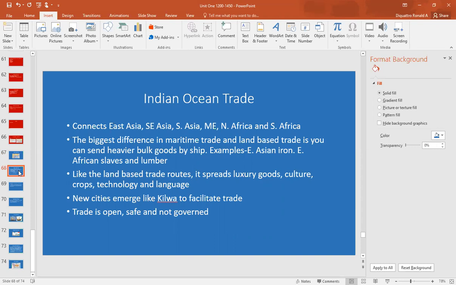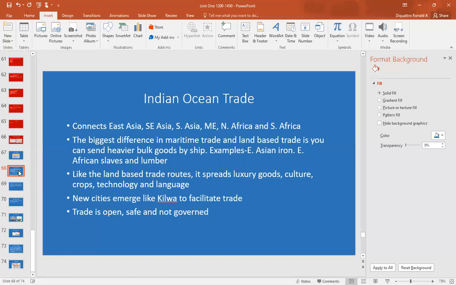Spread of new technologies, language. You're going to see new cities emerge on these trade routes on the coast. An example of this is Kilwa. Kilwa is an example of one of the Swahili city-states, and this is an example of a new city that has opened up as a result of trade.